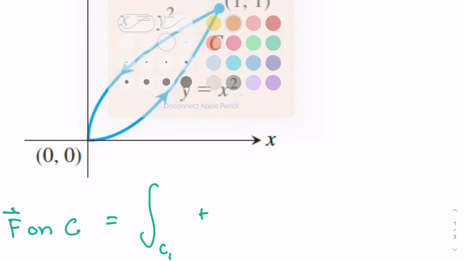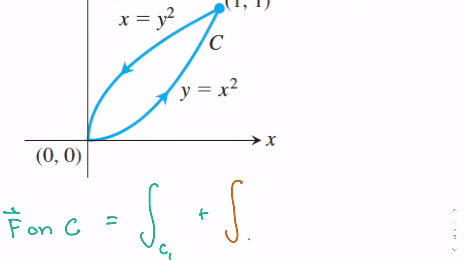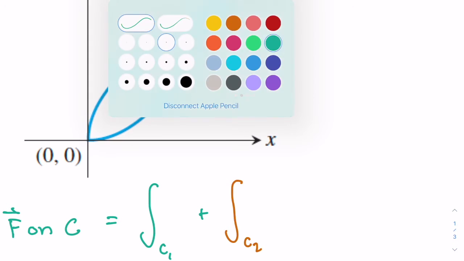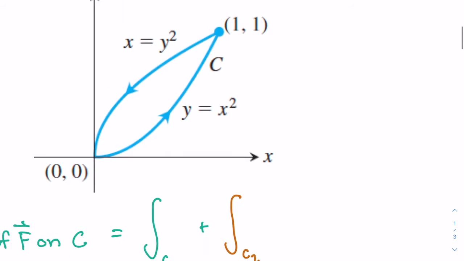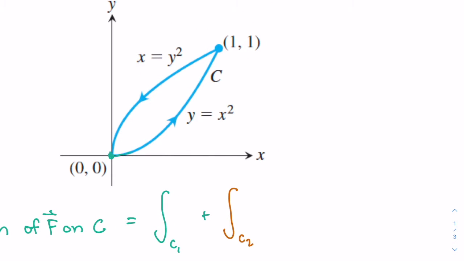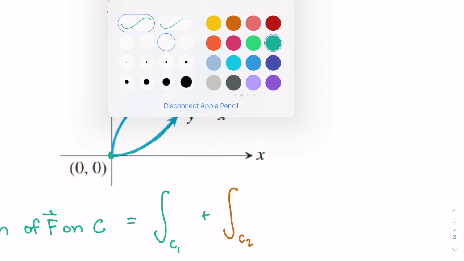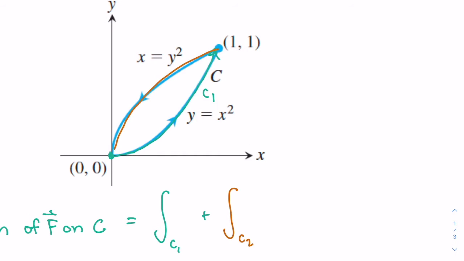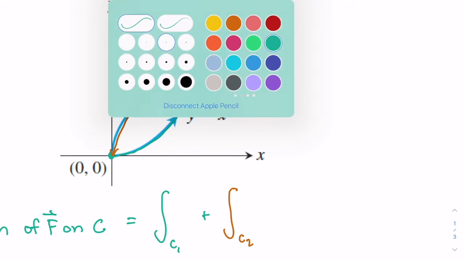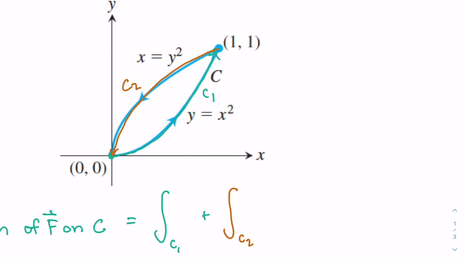C1 is this section, from the origin along this path here, and then C2 would be this part of the curve.